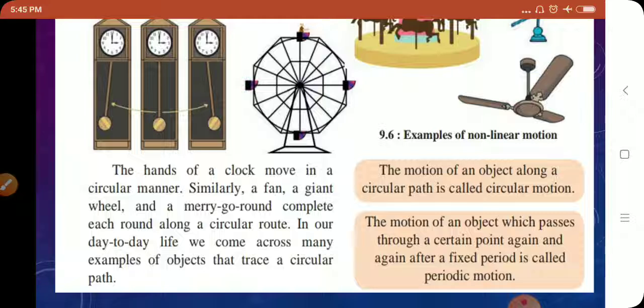That is a particular period. It completes one round in a particular period of time. So that is called periodic motion. In circular motion, it moves in a circular way, and also in a particular period of time. So it is called periodic motion. Understood?